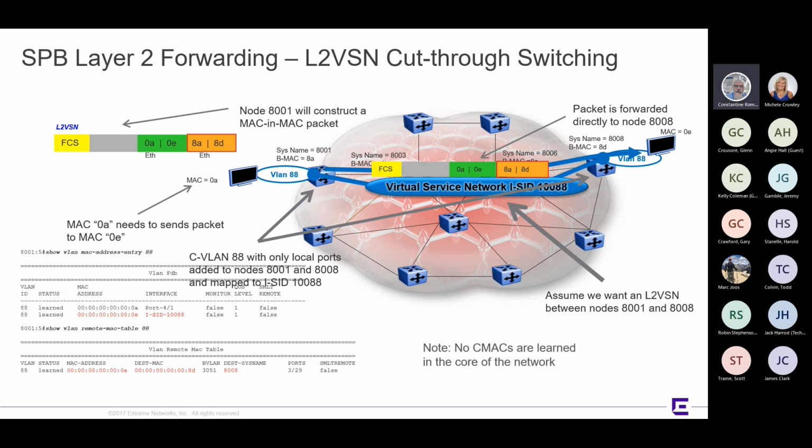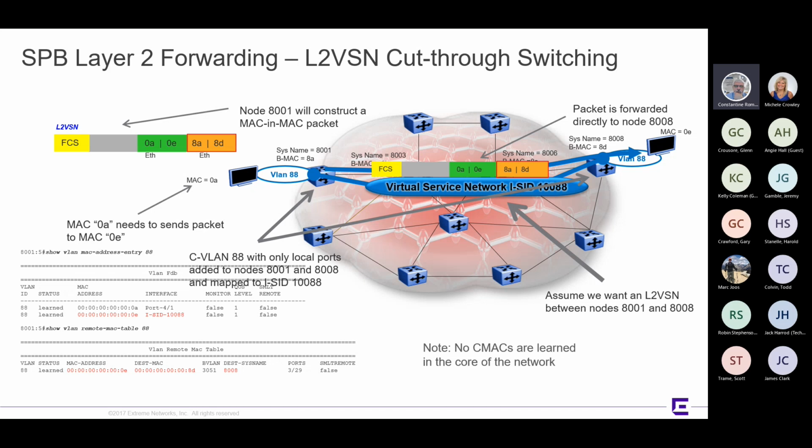So here's an example of the configuration, or rather, we're going to take a look at the MAC address. If we look at the show VLAN MAC address entry 88, you see that we've learned the MAC address, and this is on switch 8001 on the far left. We've learned the MAC address over ISID 10088.